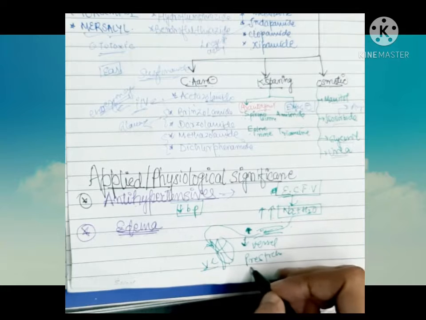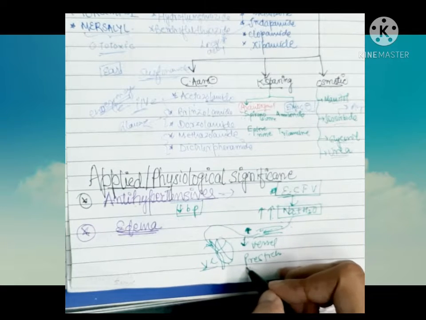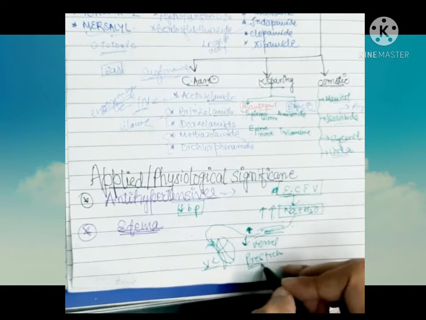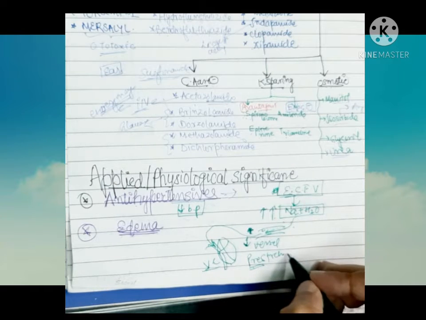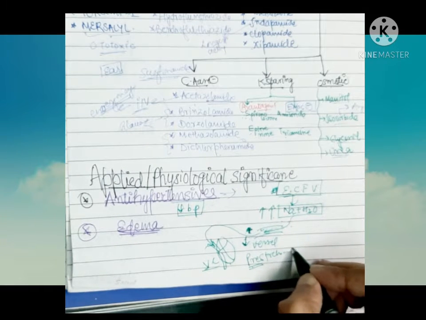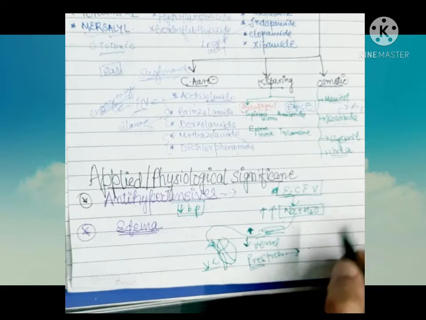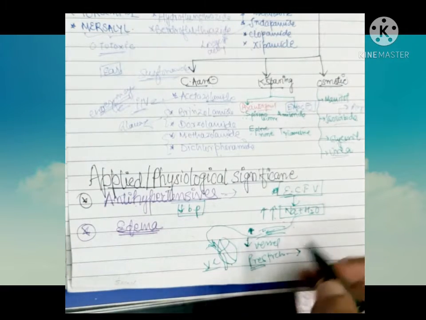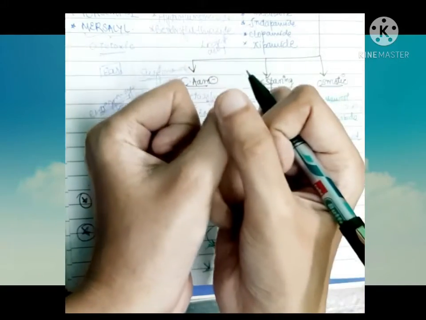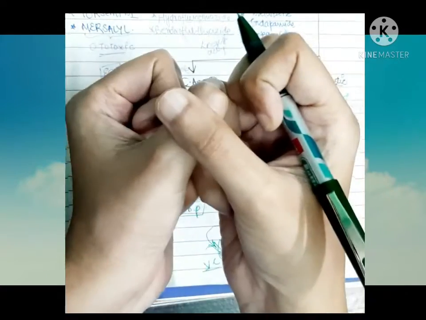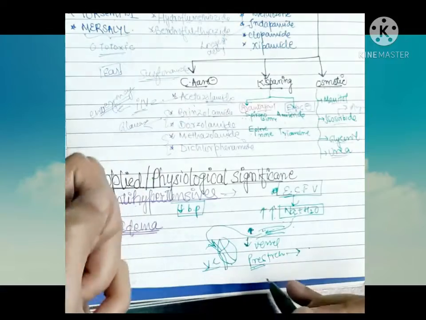More pre-stretch means the load or the stretch on the myocardium before it contracts. According to the Frank-Starling law, more will be the ejection, more will be the pumping capability of the heart if more fluid is coming.